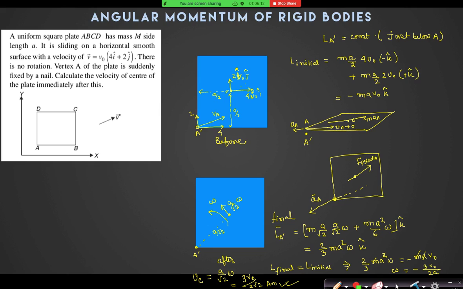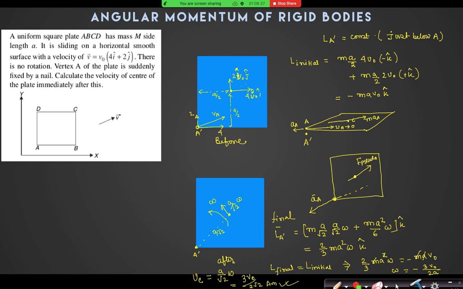Anything else you want to share in this question? Sir, we cannot think it this way that as we are fixing A, the component of the velocity of the center parallel to AO will be 0.